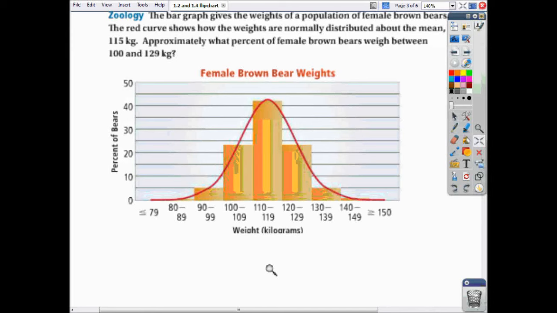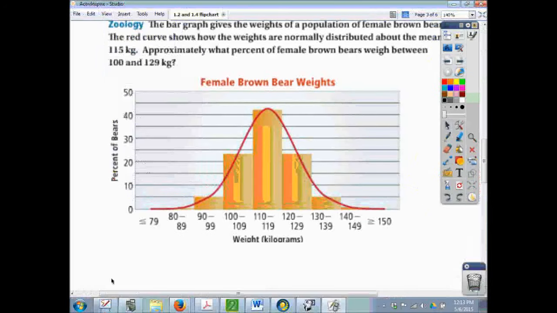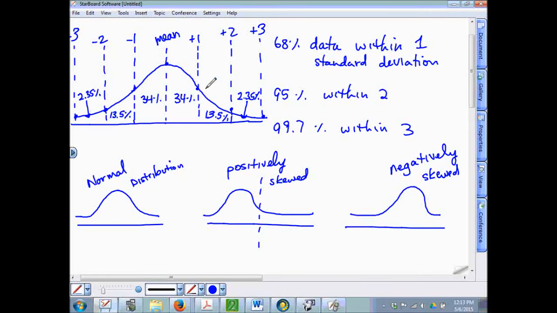Oh, one thing I need to have you write down that would make answering this easier. Go back to your notes. This right here represents one standard deviation, right?